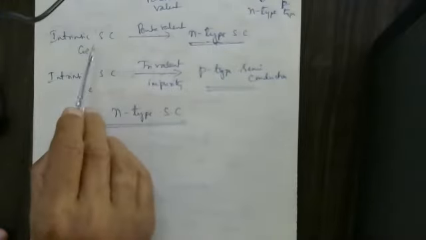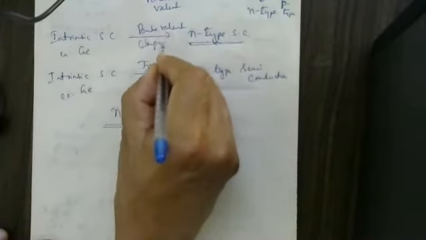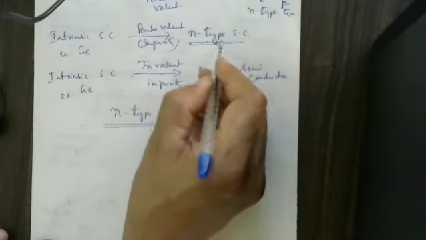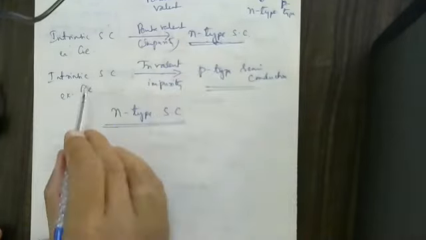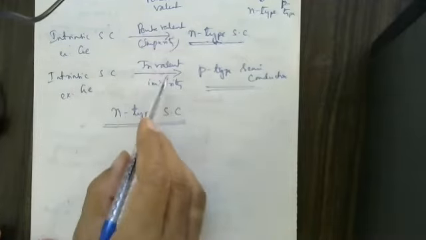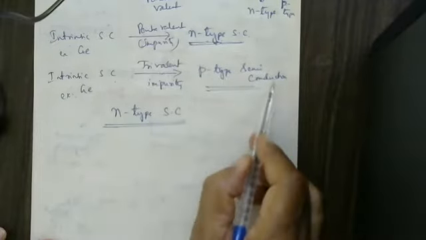To an intrinsic semiconductor like germanium, if you are adding a pentavalent impurity, we are getting an extrinsic semiconductor called the N-type semiconductor. To an intrinsic semiconductor like germanium, as we are adding a trivalent impurity, then we are going to have P-type semiconductors.